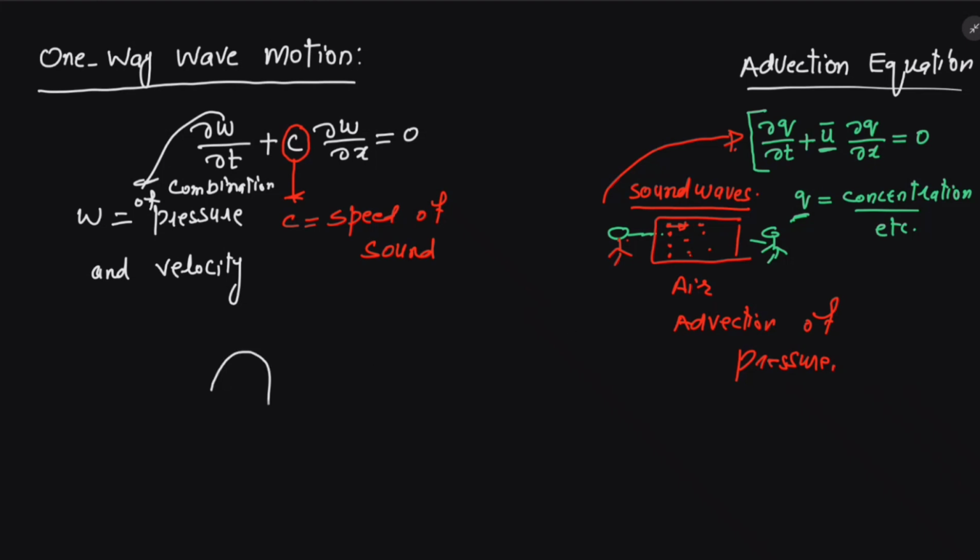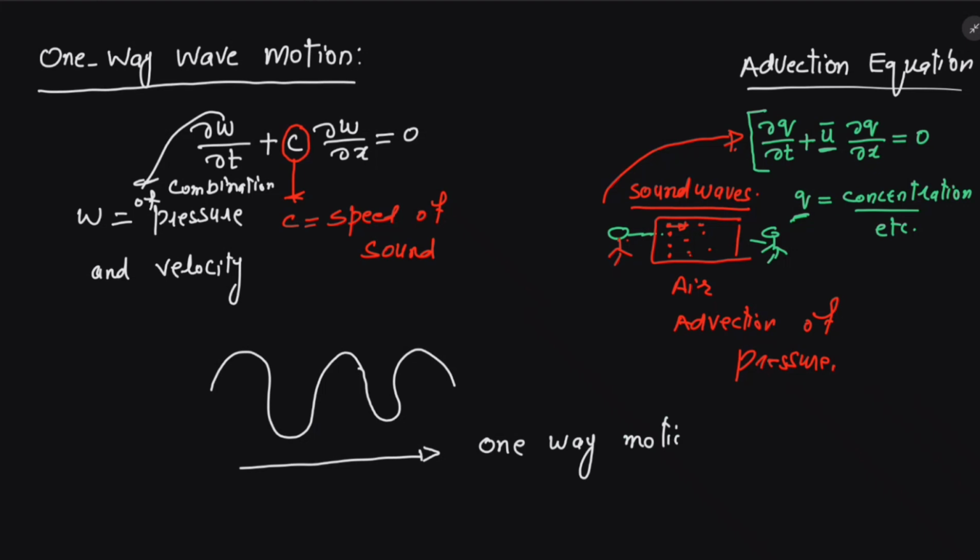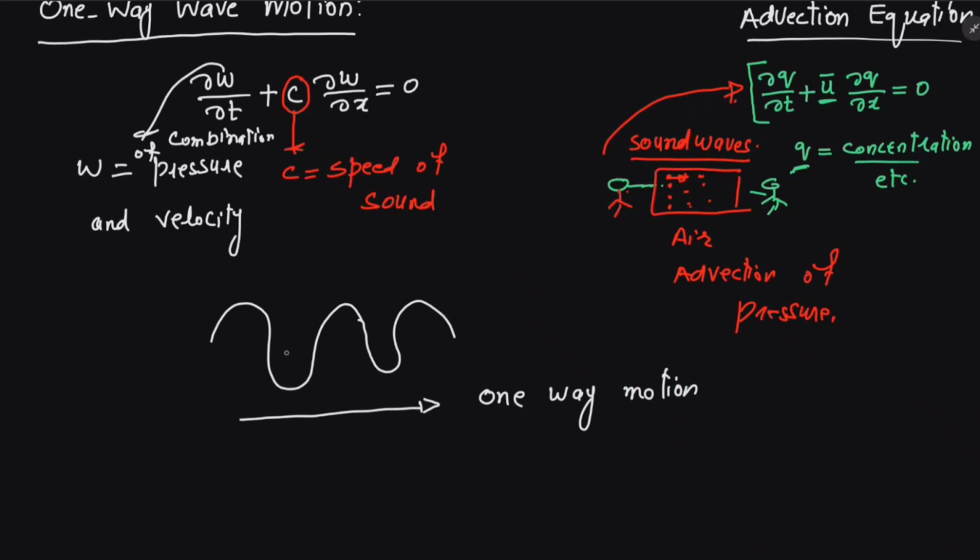If the wave is traveling, I will show you the animation at the end, from left to right, this is one-way wave motion. It can happen that the wave is traveling from right to left. This is also one-way wave motion.